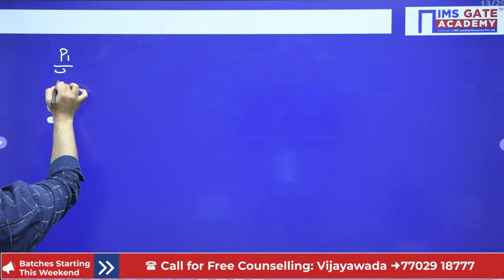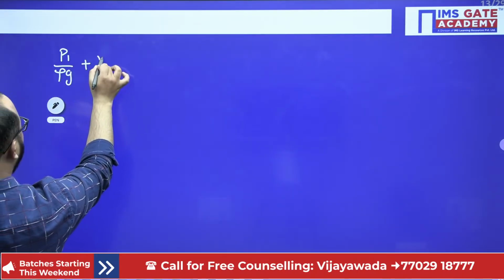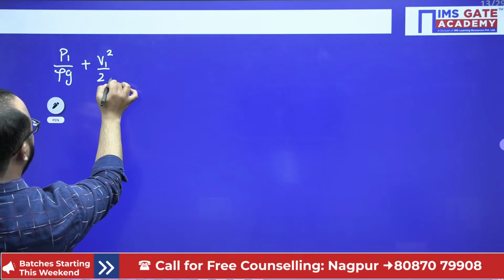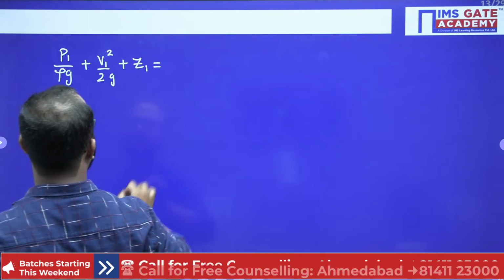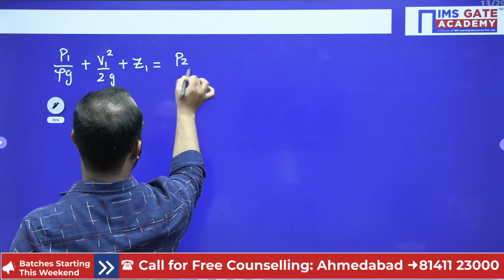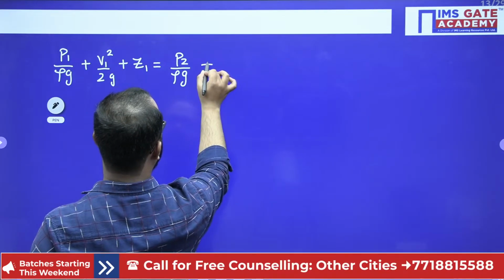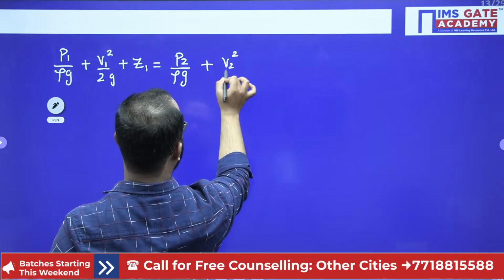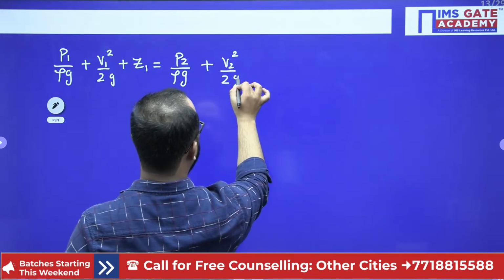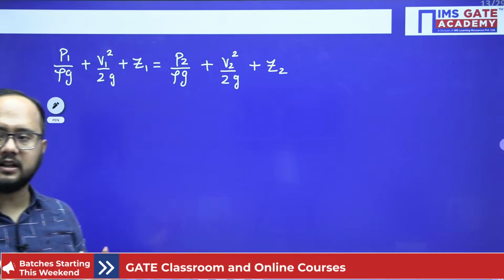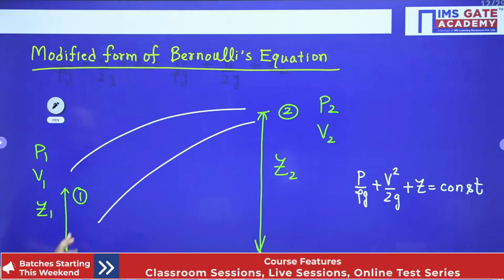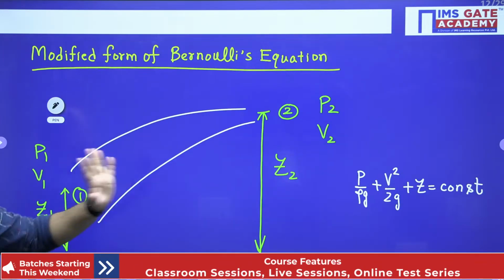P1 by rho g plus V1 square by 2g plus Z1 equals P2 by rho g plus V2 square by 2g plus Z2. So this is the Bernoulli's equation that we have written for this particular case. The fluid is flowing from 1 to 2.